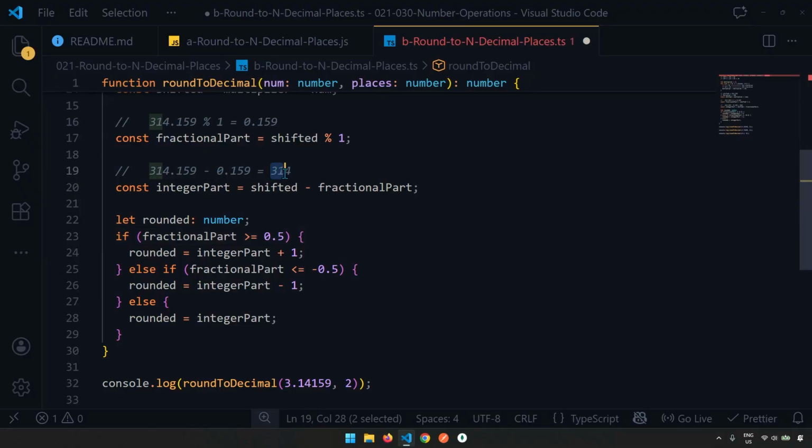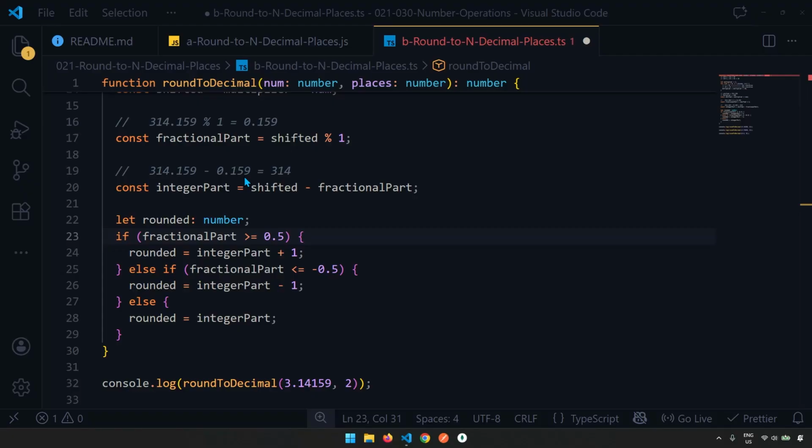We have 3.14, and the fractional part is not greater than 0.5. So we don't go inside of this if statement. This is not going to be implemented. We go to the else if. We see that fractional part is not less than minus 0.5. It is 0.159.